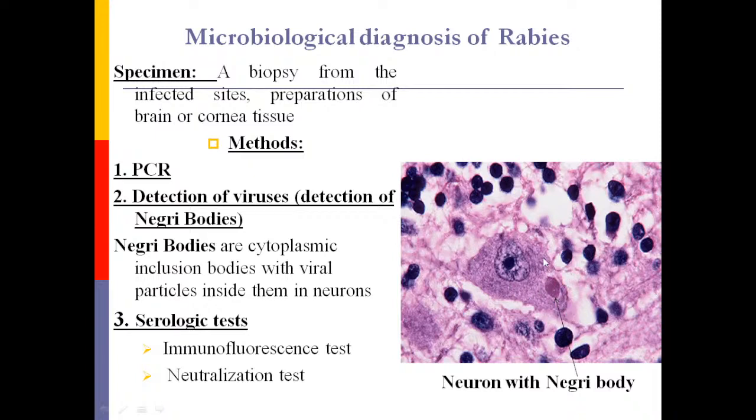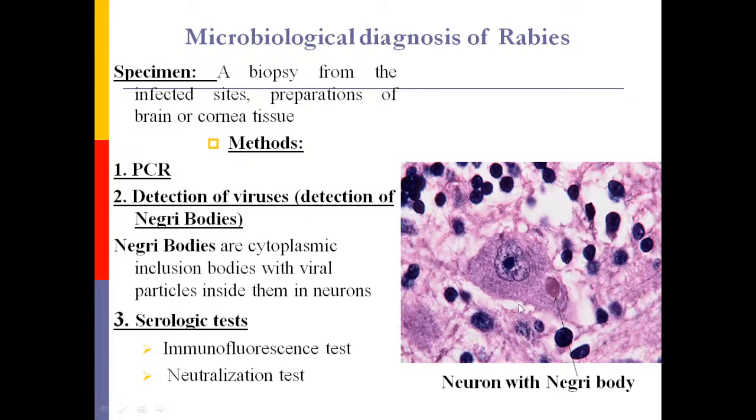It is a neuron. In the cytoplasm of the neuron we can see inclusion bodies, and viruses are present there in large amount.